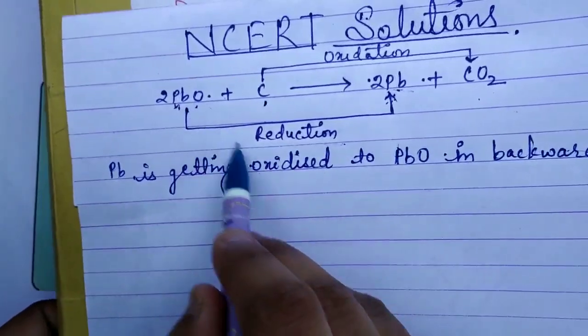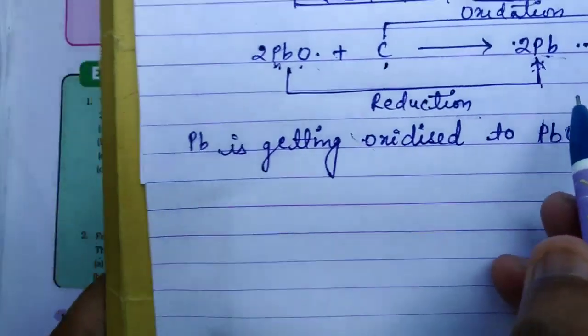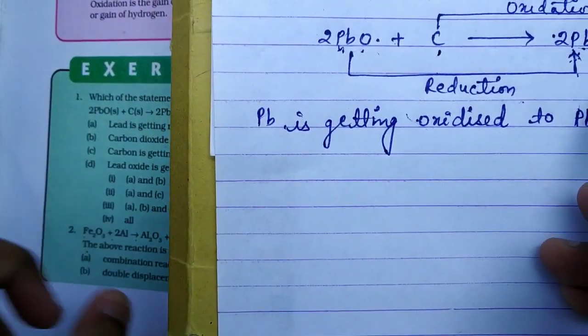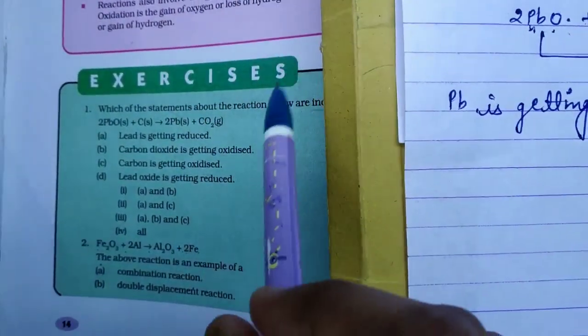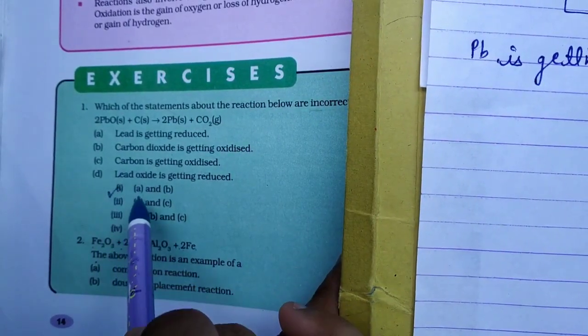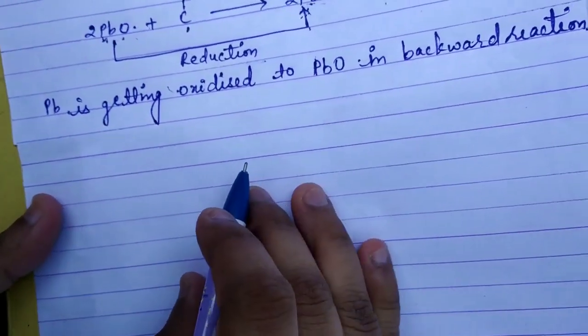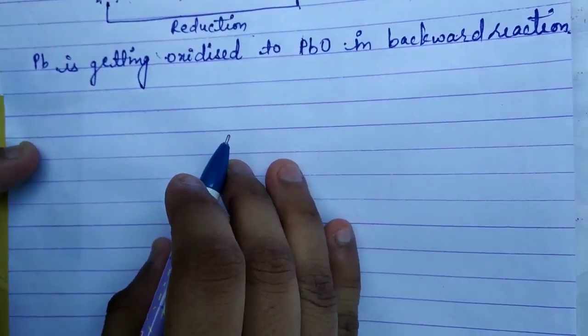Firstly we will check this. So the last C and D both are correct, but the question is asking about the incorrect option, so the options are first, A and B. Okay, so second we will write here, second.